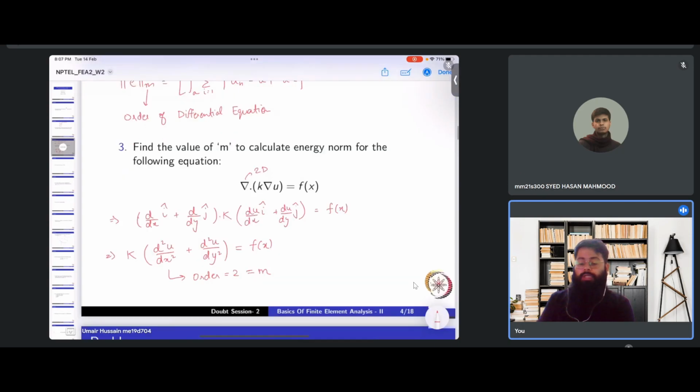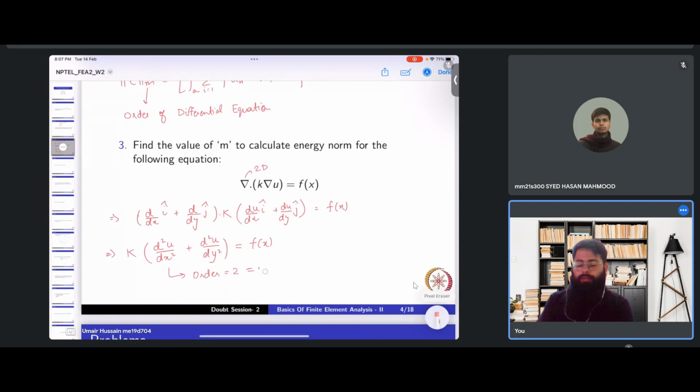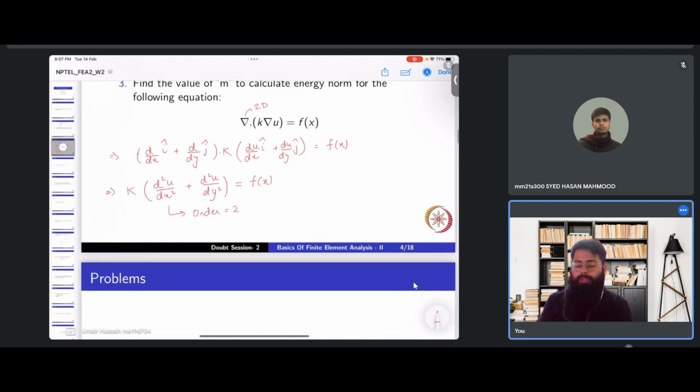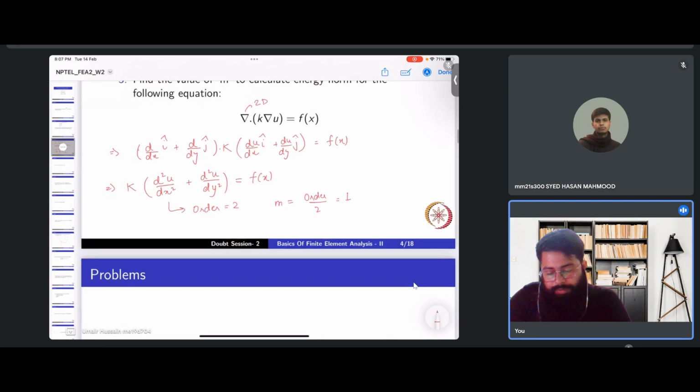Okay, I'm sorry, it's not equal to 2. Order is 2, so m is actually order divided by 2. So m equals 1. Yes, right. So m equals 1 here.